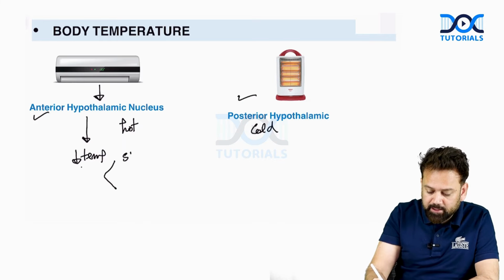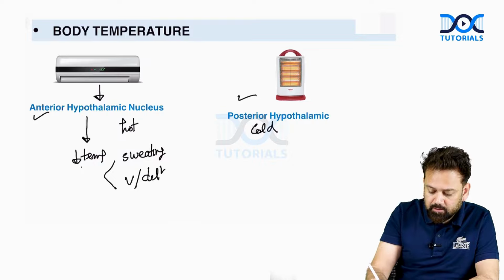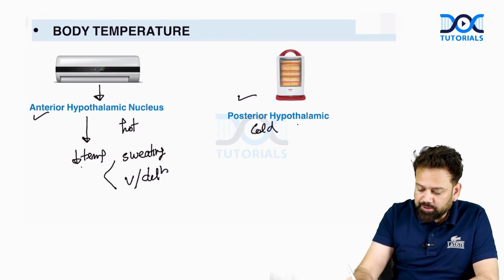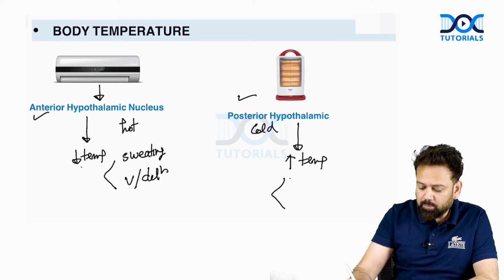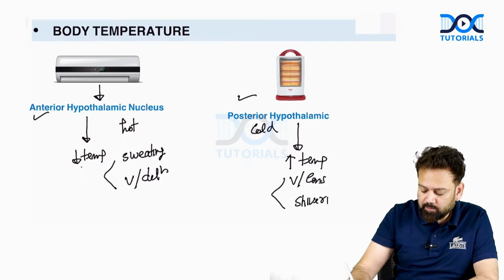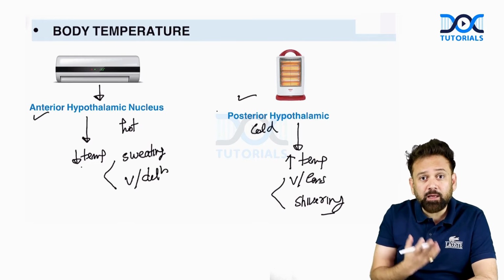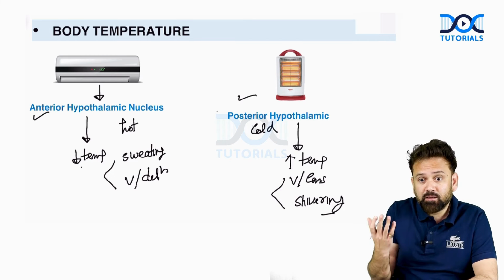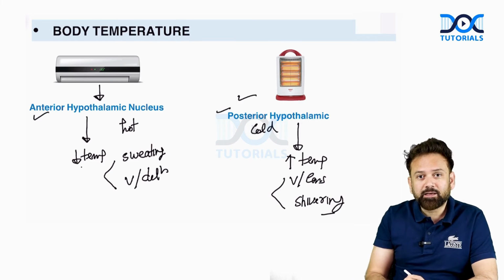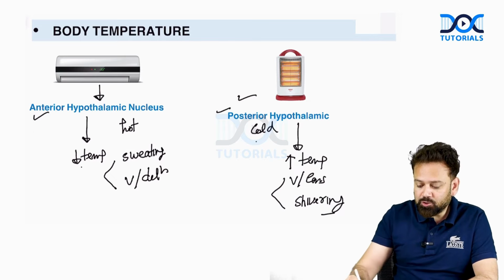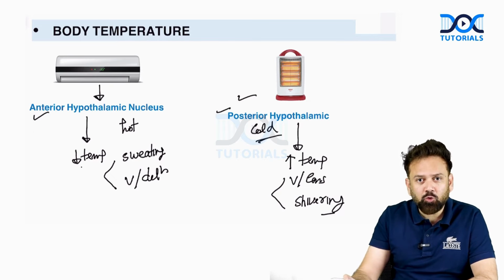By causing sweating and vasodilation. And when there is cold, the posterior nucleus helps in maintaining the temperature by increasing it, by causing vasoconstriction and shivering. So if there is a lesion of the anterior hypothalamic nucleus, there will be hyperthermia. If a lesion of the posterior, it can cause hypothermia. You cannot maintain the temperature in cold, so hypothermia will be there.